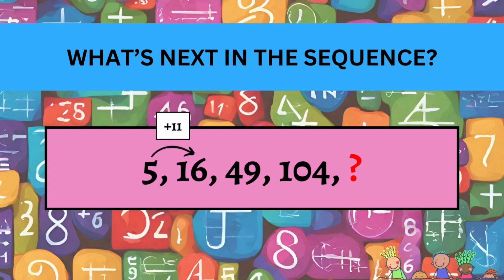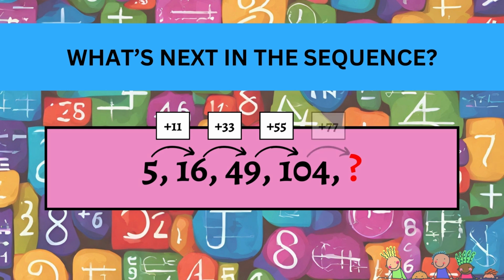Let's make a note of that. The difference between 49 and 16 is 33. And the difference between 104 and 49 is 55. So we jumped 11, then 33, then 55. What do you think the next jump should be? I think we can all agree that it must be 77. 104 plus 77 is 181, and that's the pattern. Wow!